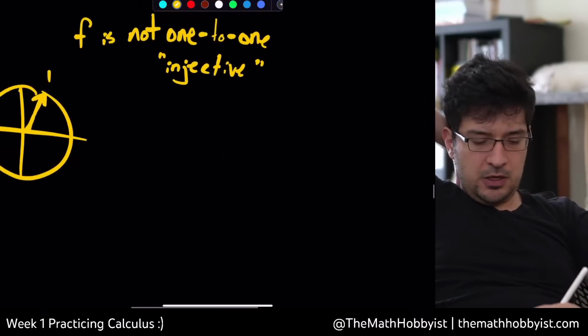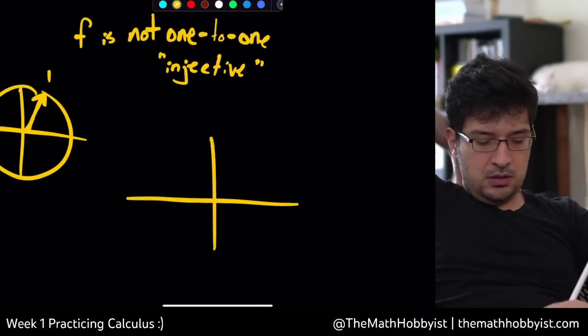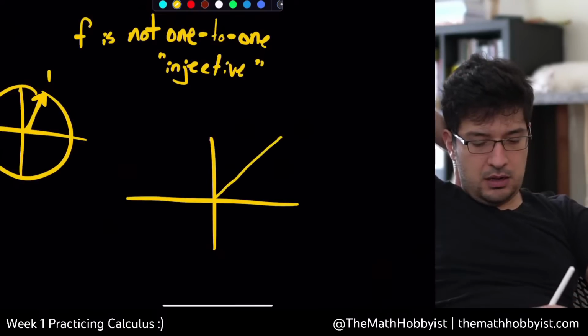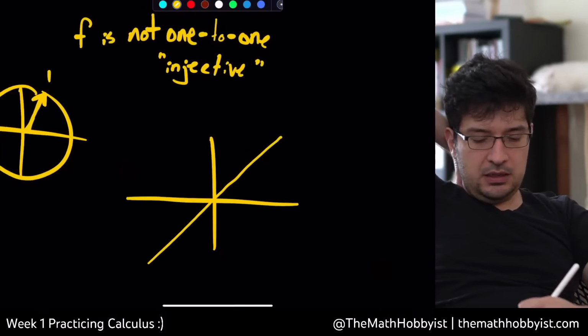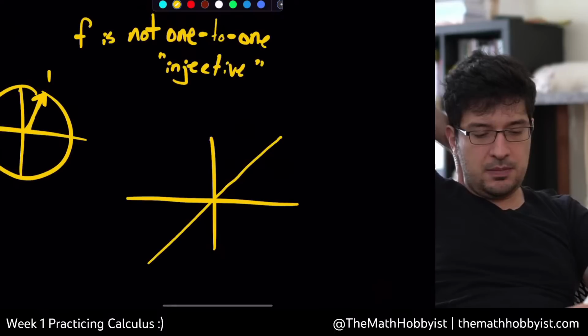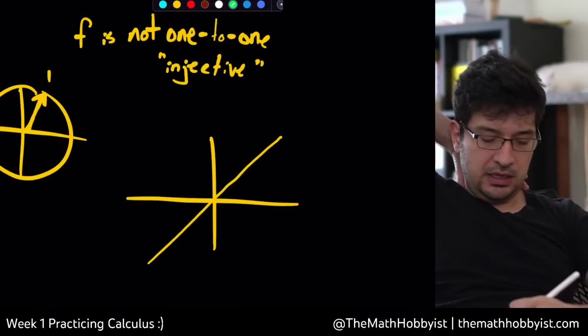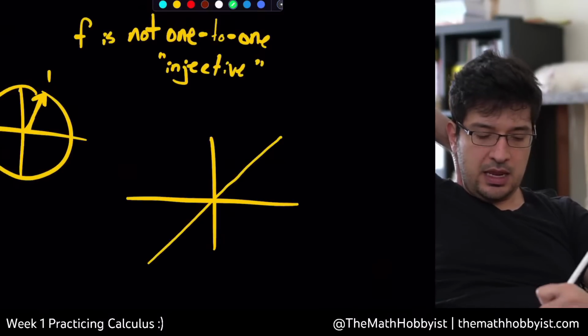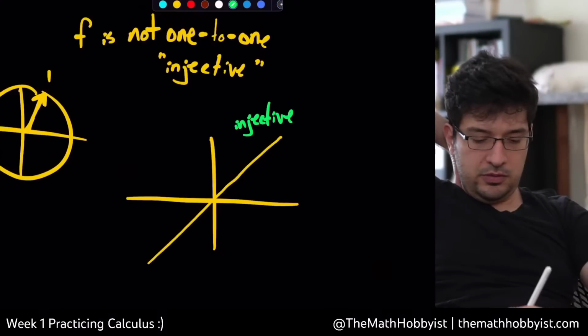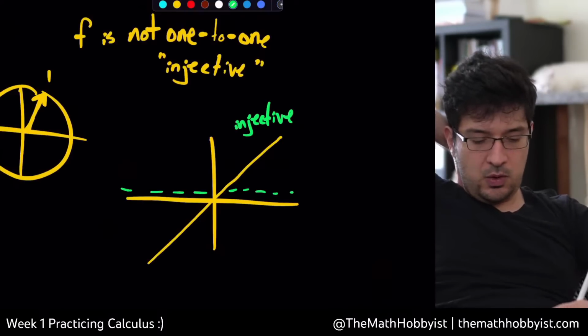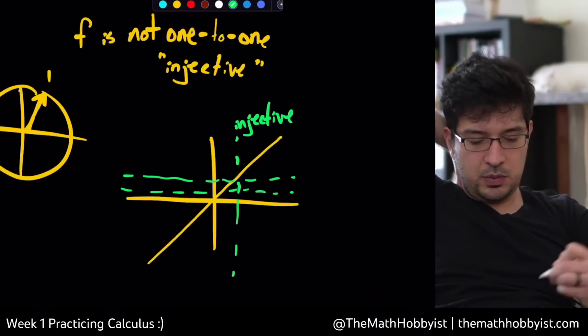There are functions where a function always satisfies the vertical line test, if we're thinking of it that way, but then an injective function also has a horizontal line test as well.